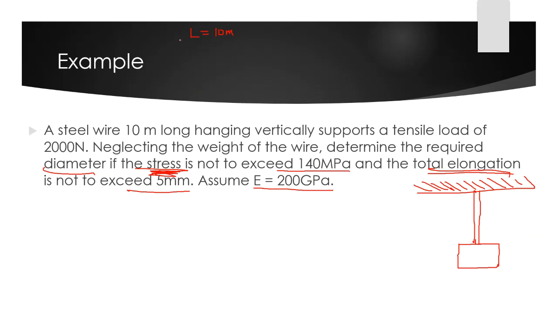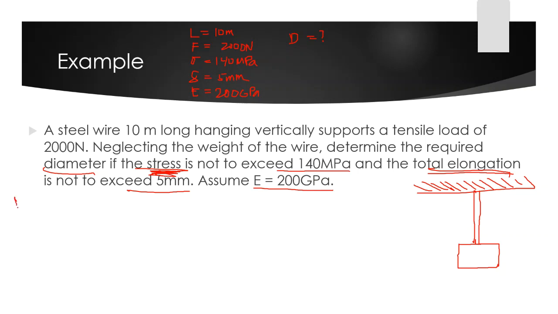We have a tensile load with the force, which is 2,000 Newton. We also have the stress, which is 140 megapascal. We also have the elongation, which is 5 millimeter. And we also have our E, which is 200 gigapascal. So we are looking for the diameter for the stress and the diameter for the elongation.